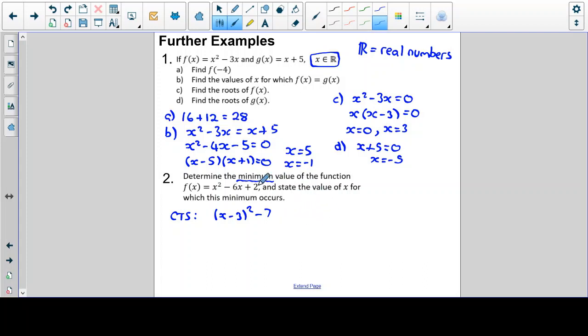The minimum for this function occurs when x equals 3, so this becomes 0, and we get minus 7. So our minimum value is minus 7, and it occurs when x equals 3.